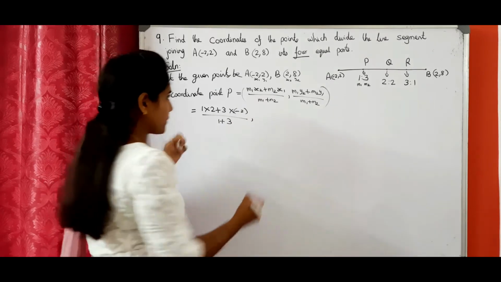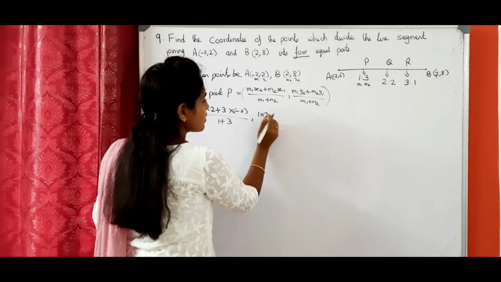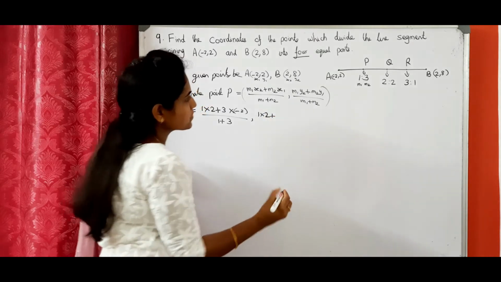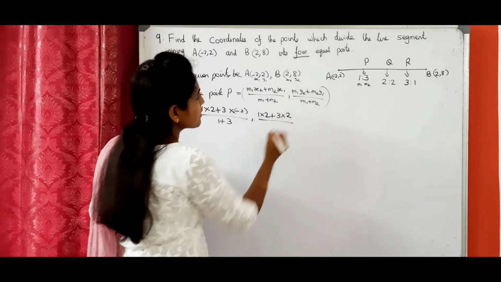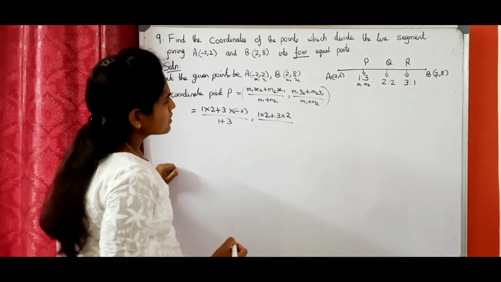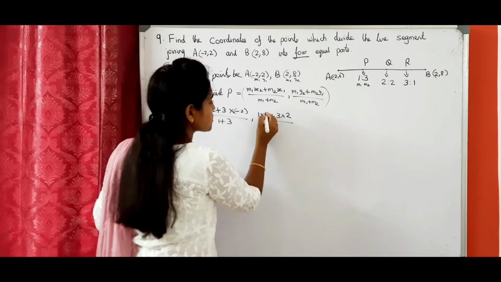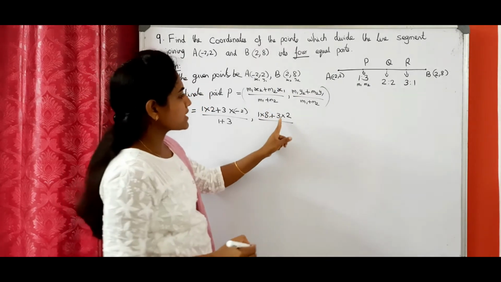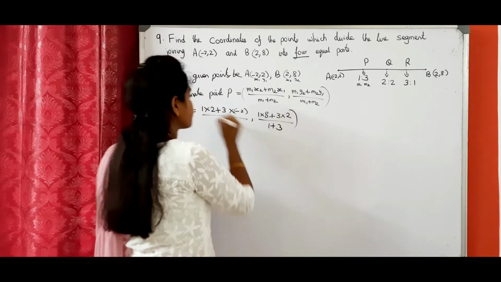Then m1 1 into y2 8, plus m2 3 into y1 2, divided by 1 plus 3.